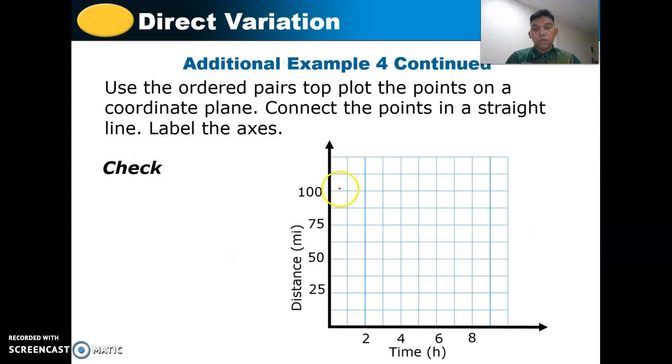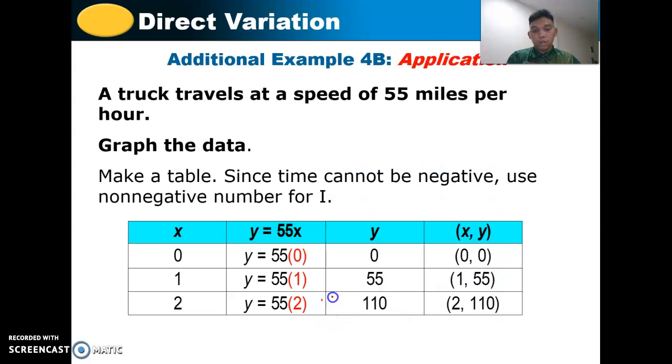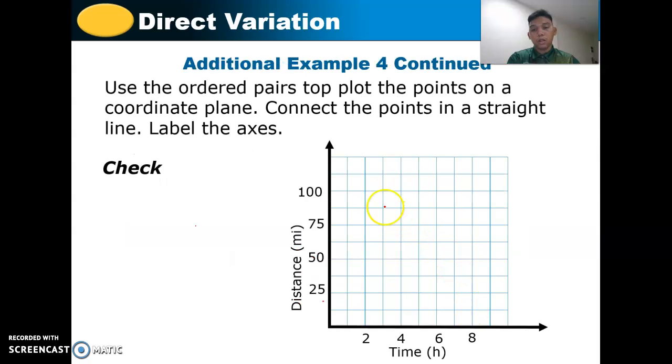Now let's try to graph those 3 dots. This is pretty basic because you've already graphed a parabola, and this one is just a linear equation, or linear line. We start with (0, 0), (1, 55) and (2, 110). (0, 0) is there. This is 1, and 55 is somewhere here.